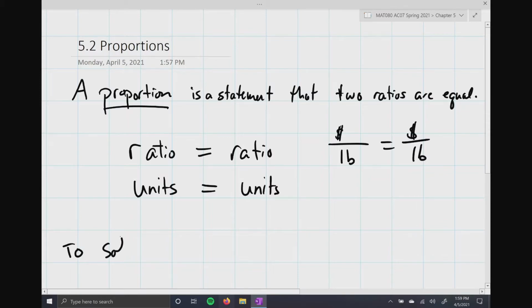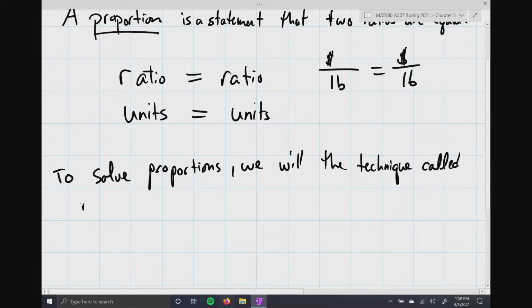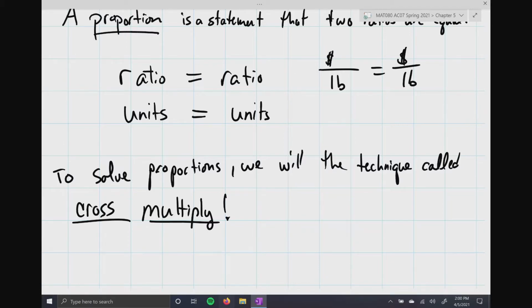All right? Now, if we wanted to solve proportion problems, we will use the technique called, and finally we can use this. How many of us have heard of this before? Cross multiply. All right? We could finally use this technique called cross multiplication.